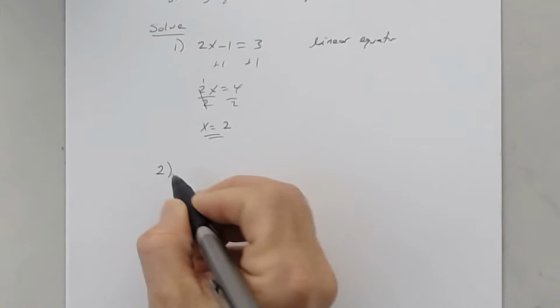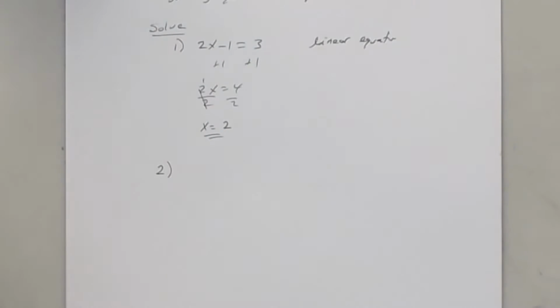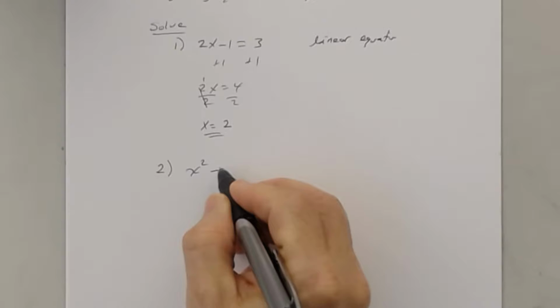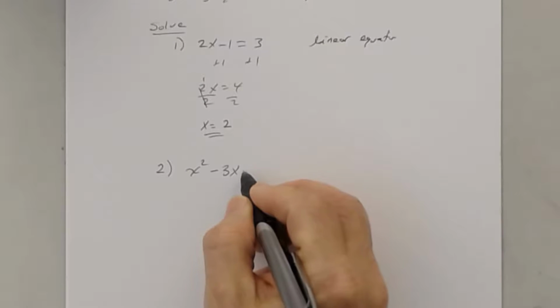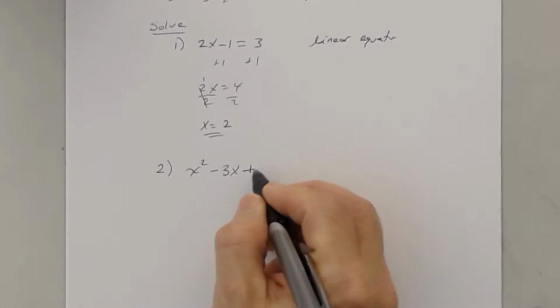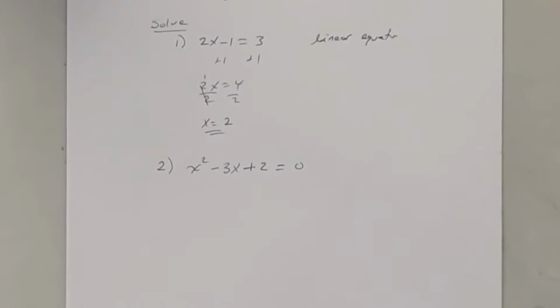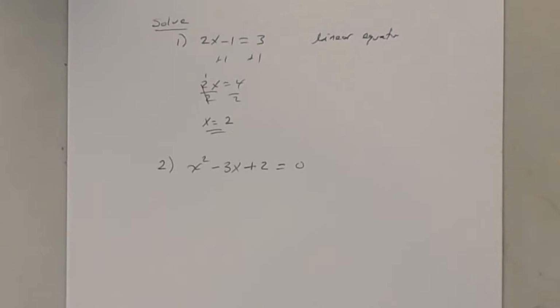All right, now what we're going to end up doing now is something like this. Suppose I want to solve number 2, and let's suppose number 2 was this. Let's suppose we had x squared minus 3x plus 2 equals 0. So x squared minus 3x plus 2 equals 0.